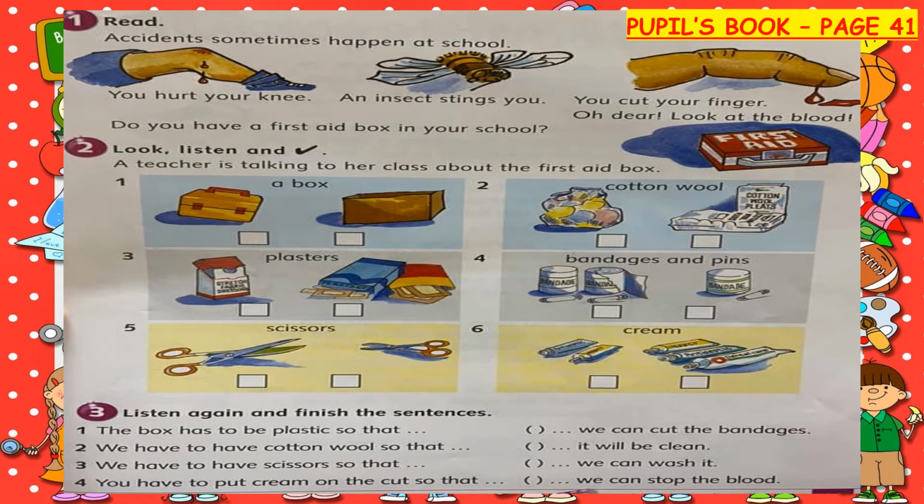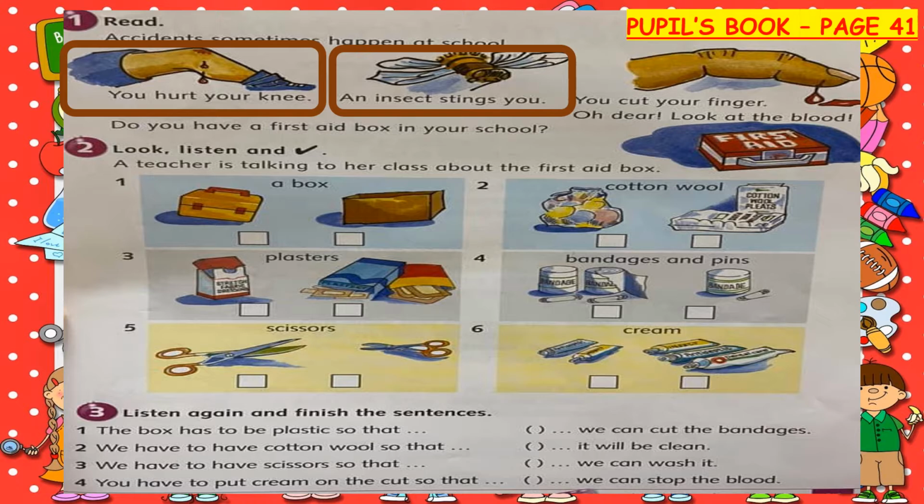Please open your pupil's book to page 41. Number 1, read. Accidents sometimes happen at school. You can see here some of the accidents that might happen to us in school. You hurt your knee, an insect stings you, or probably you cut your finger.